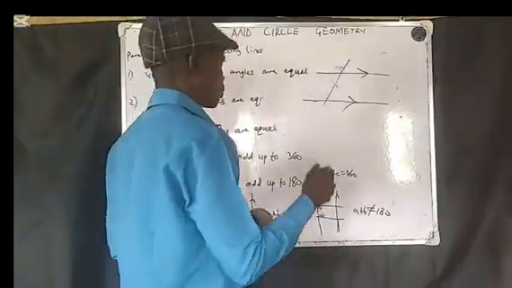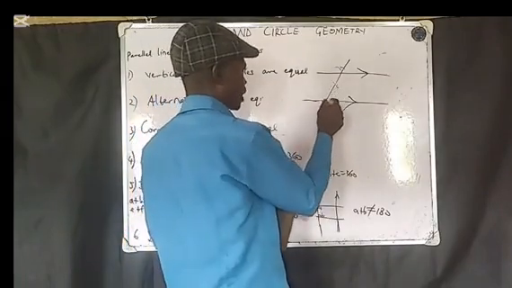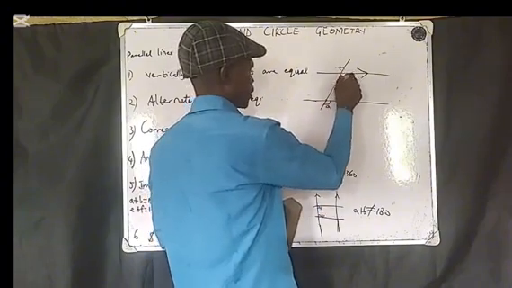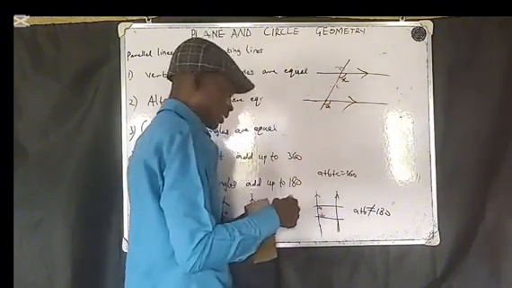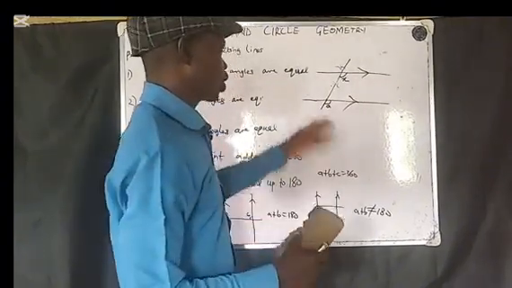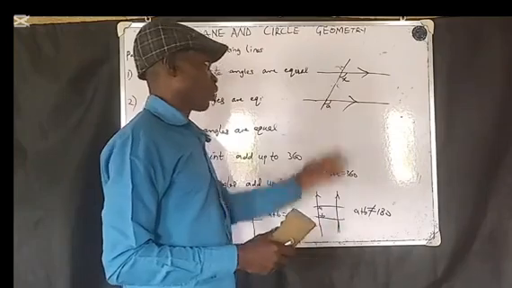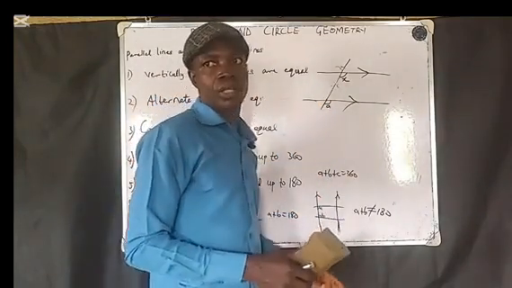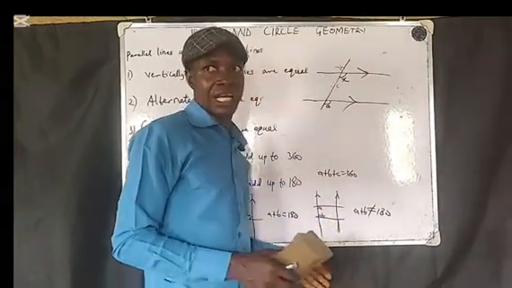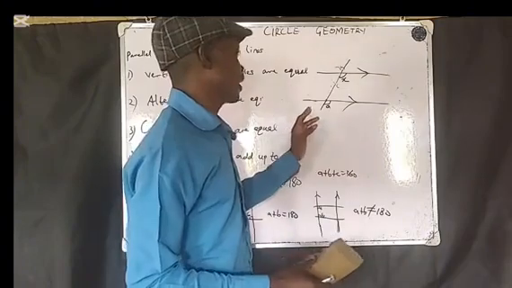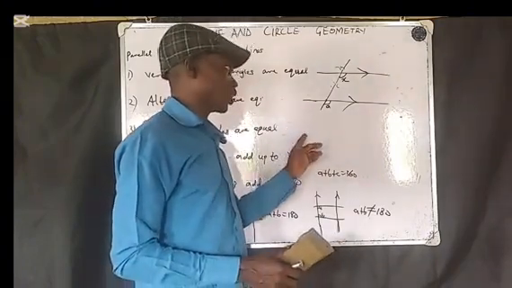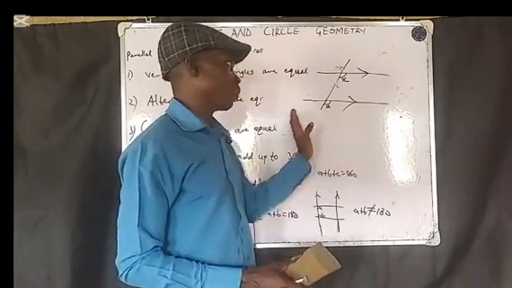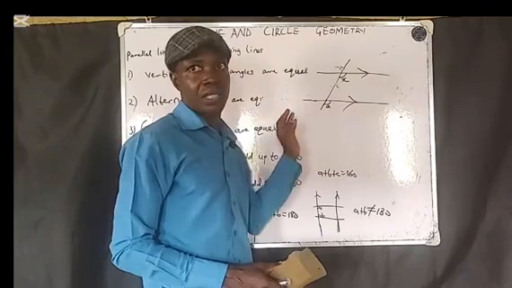The difference between this one and alternate is that corresponding angles are always on the same side of the line, not on the opposite side. In the case of alternate, one will be left, one will be right. In this one, both will be left or both will be right.